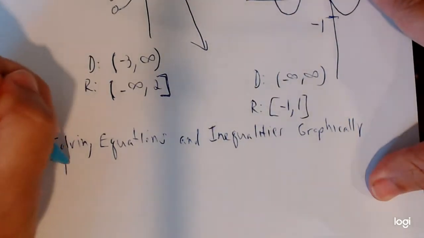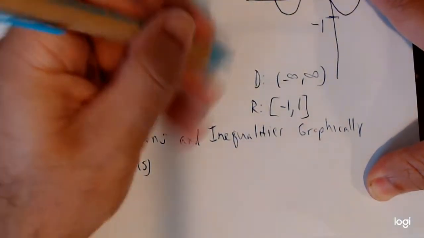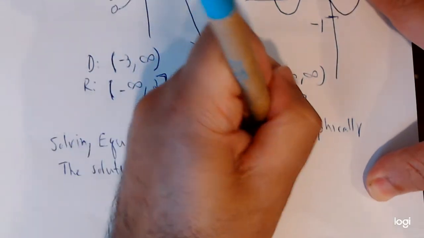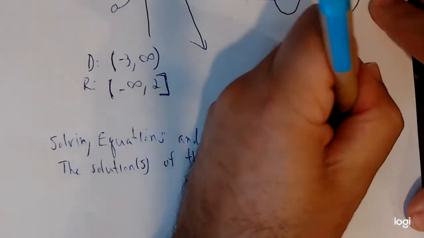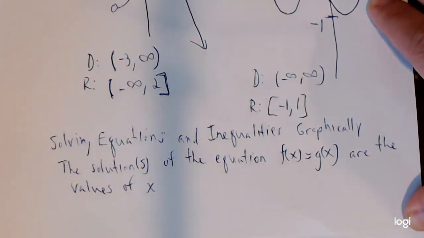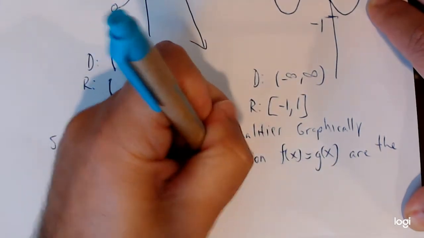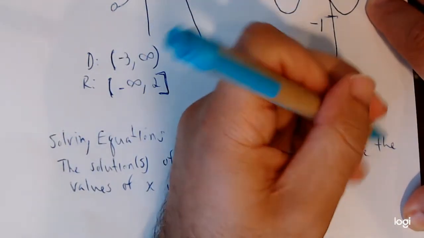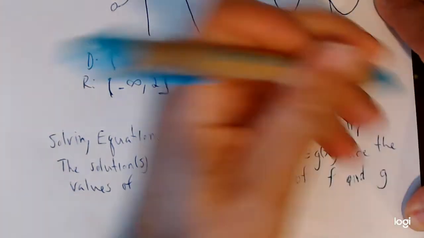We would say the solution, or solutions, because we may have more than one, of the equation f of x equals g of x are the values of x where the graphs of f and g intersect.